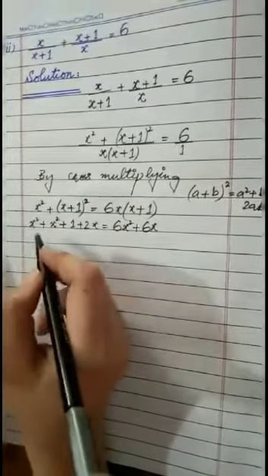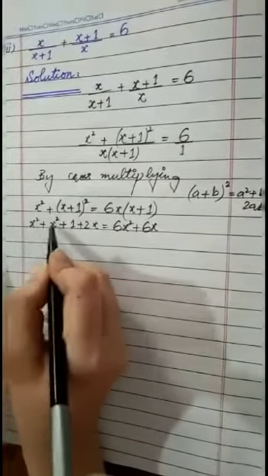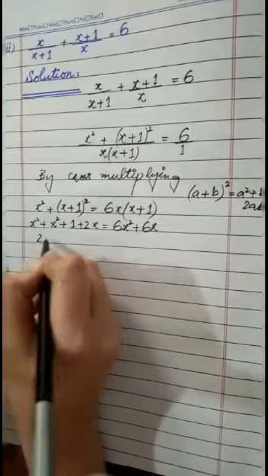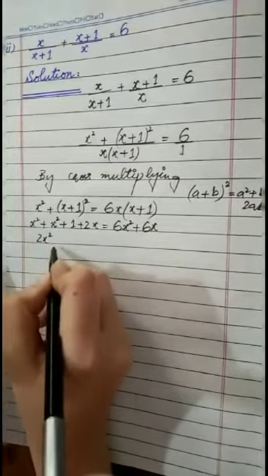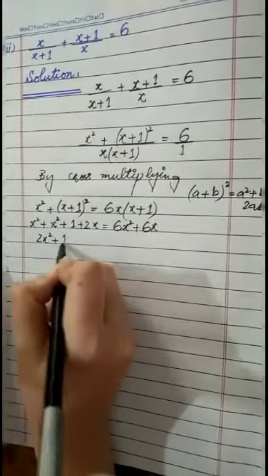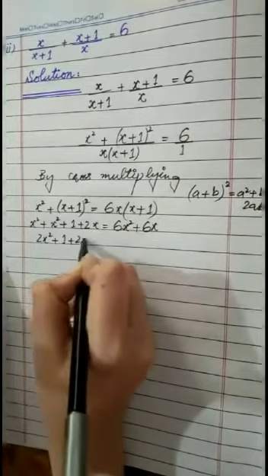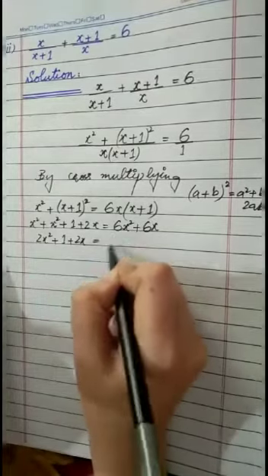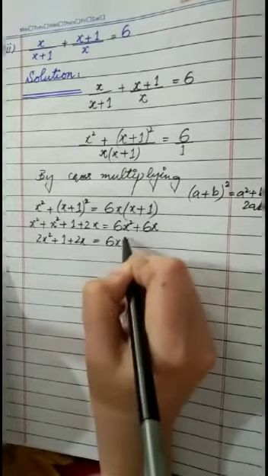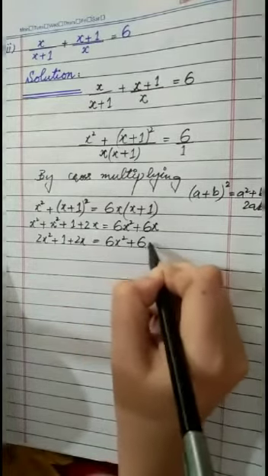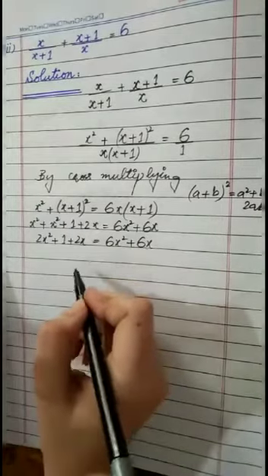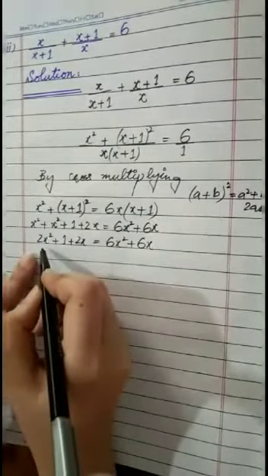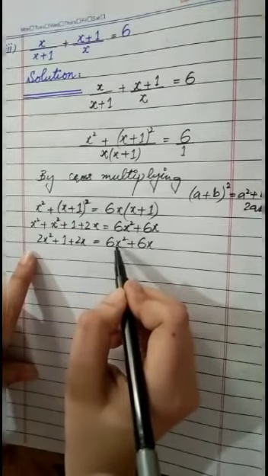Now what we have to do, these are both x square, both will be added as 2x square plus 1 plus 2x, as it is 6x square plus 6x. So you know 2x square and x square on the other side.